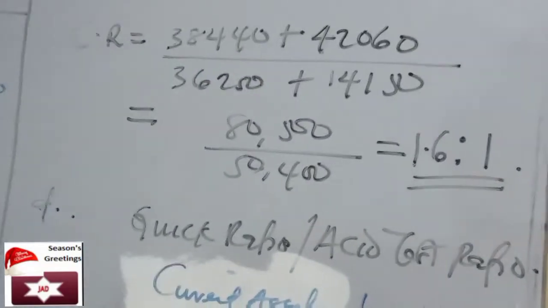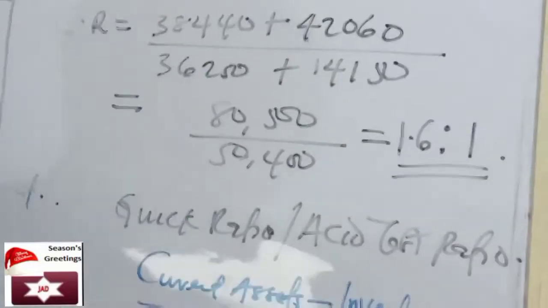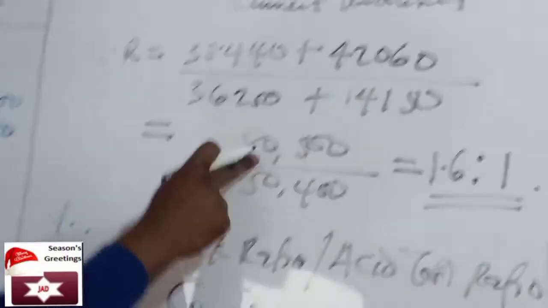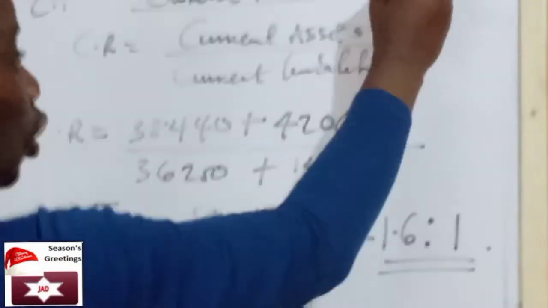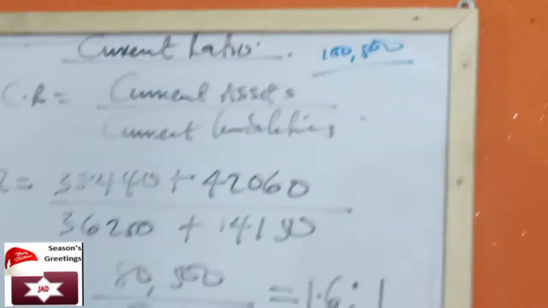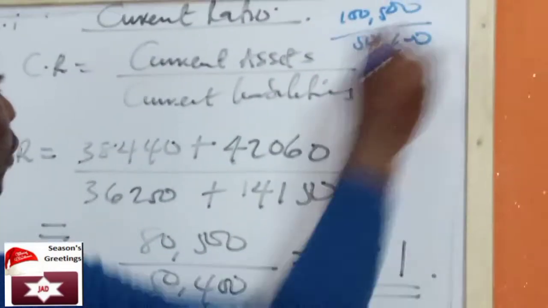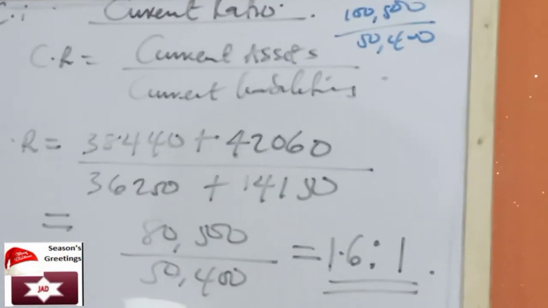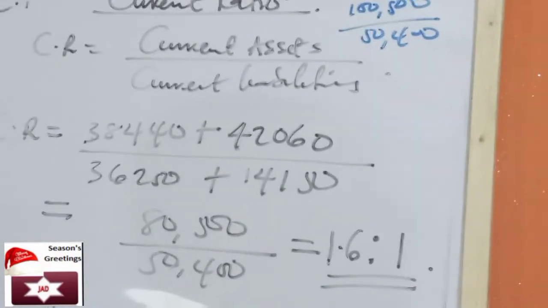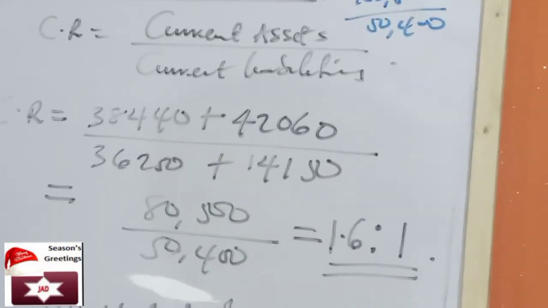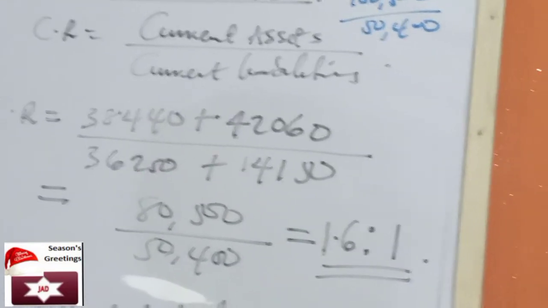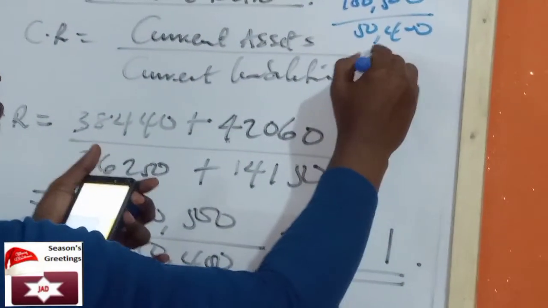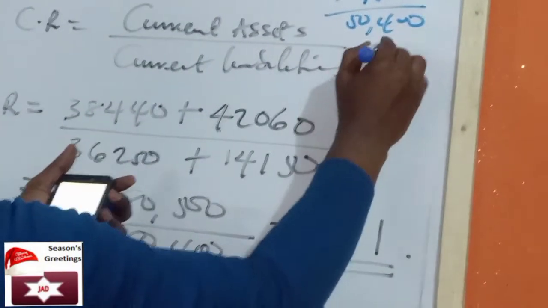Assuming we're introducing $20,000, current ratio here will be 100,500 over 50,400. So we say 100,500 divided by 50,400. That will improve current ratio to approximately 2:1, about 1.99.